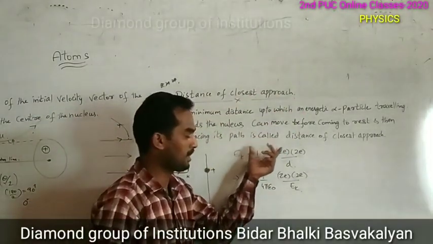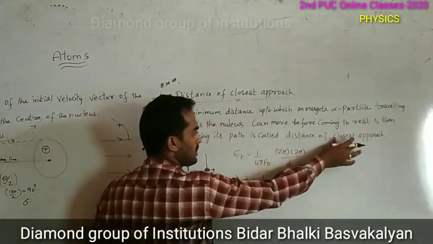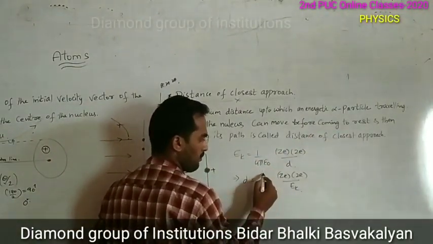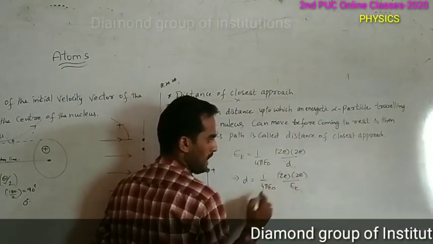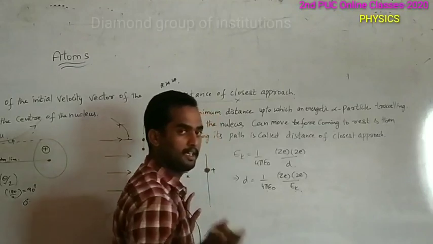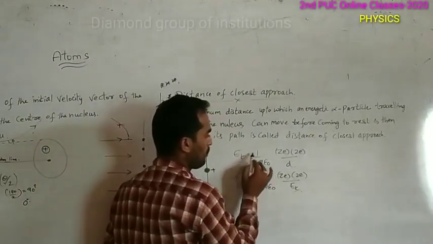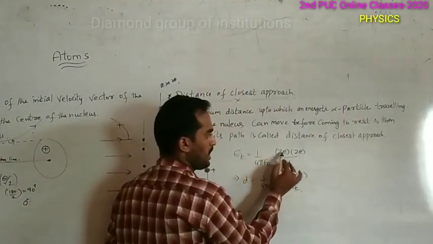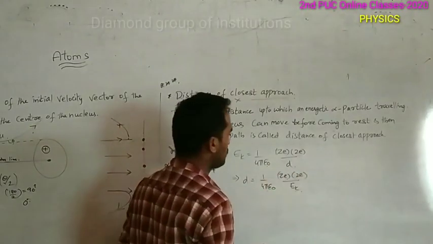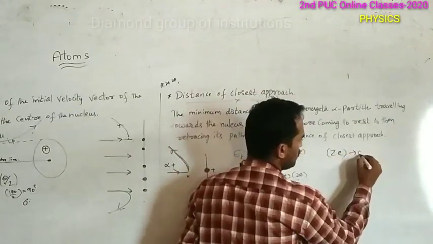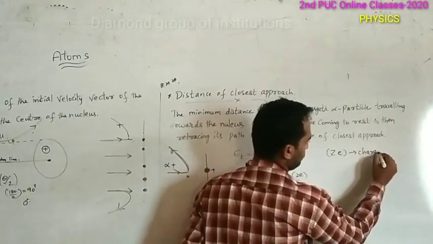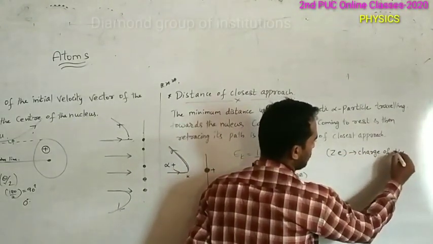You can calculate the distance of closest approach by d equal to 1 by 4 pi epsilon naught times Ze into 2e by Ek. Or you can calculate the kinetic energy, Ek equal to 1 by 4 pi epsilon naught times Ze into 2e by d. Here Ze is the charge of the nucleus.